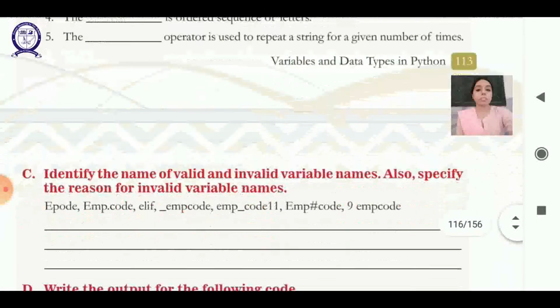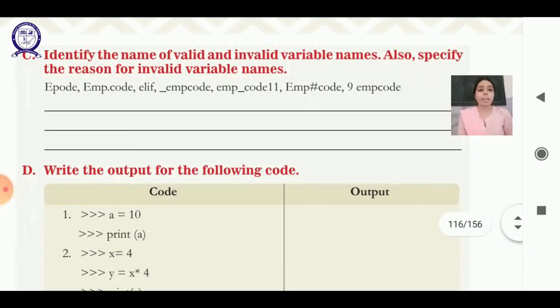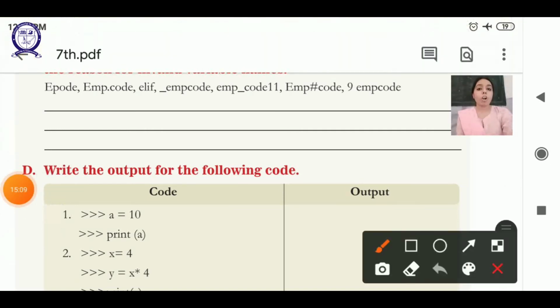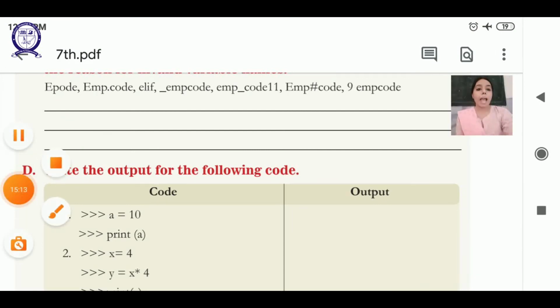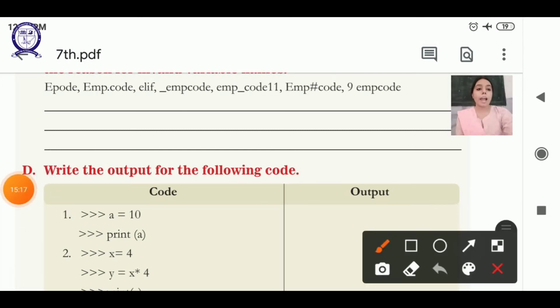After this we have identify the valid and invalid variable names and also specify the reason for the invalid variable names. When we talk about the first one, EPOD, this is a valid variable name as it does not have special characters and it is user defined. Next is employee dot code. Full stop, dot is not allowed, it is invalid. Elif is invalid because it is a reserved word.